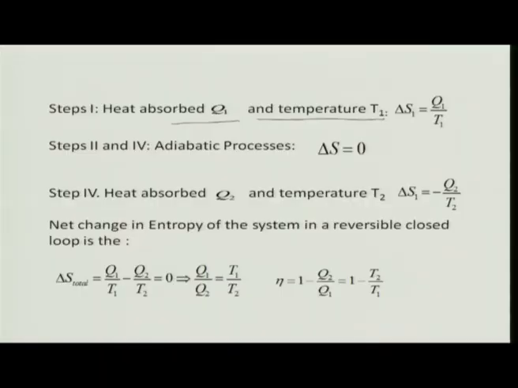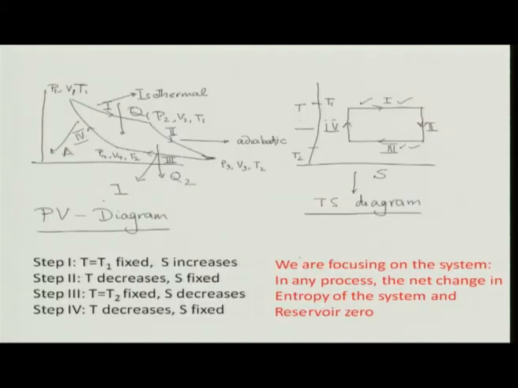So, delta S1 is equal to Q1 by T1. Okay? Adiabatic process, steps 2 and 4, delta S is 0. We do not have to care about these two processes.